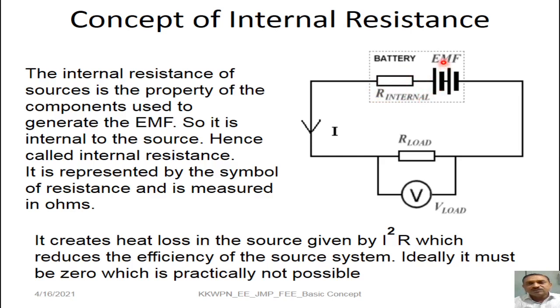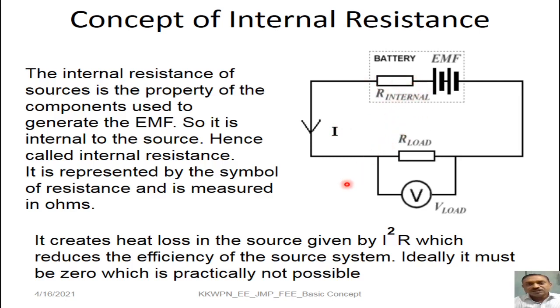Along with this you can see the electromotive force. When this combination is connected to a load resistance, a current flows through it, and this current will be opposed by the internal resistance of the battery itself.